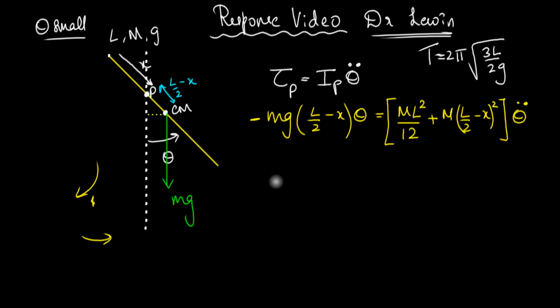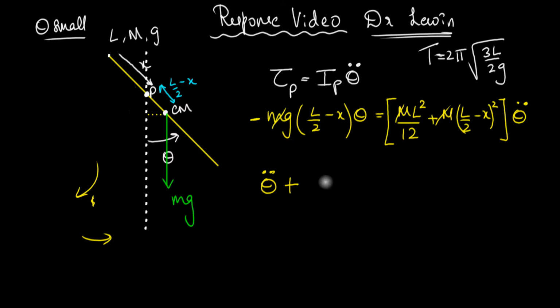So anyways, I can now bring this into the standard form. m cancels everywhere, so theta double dot plus, okay, that's what I want. What do I get?